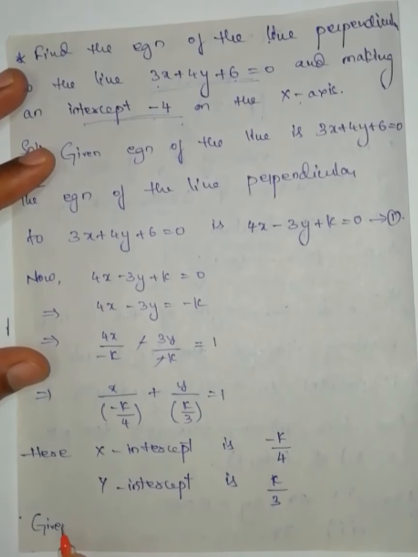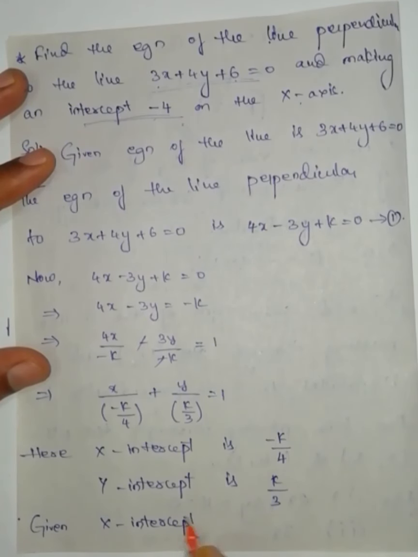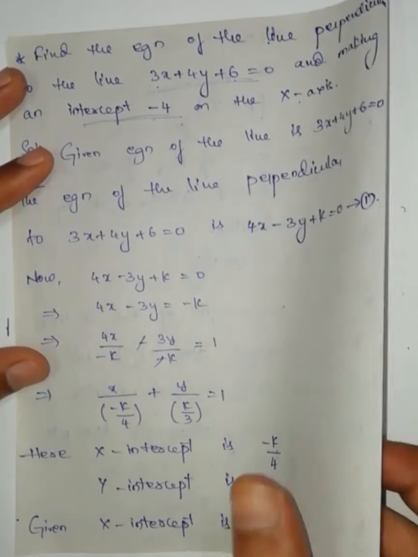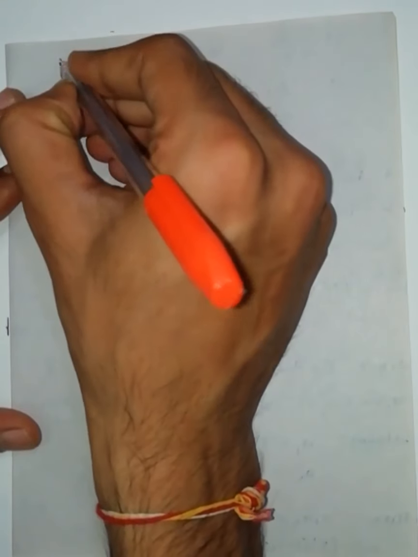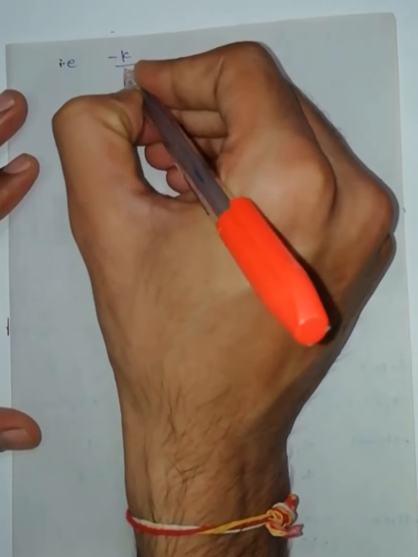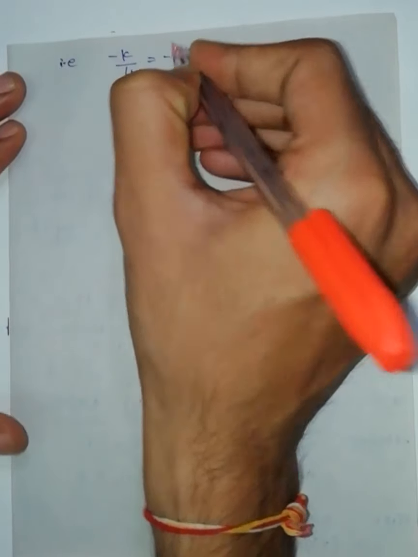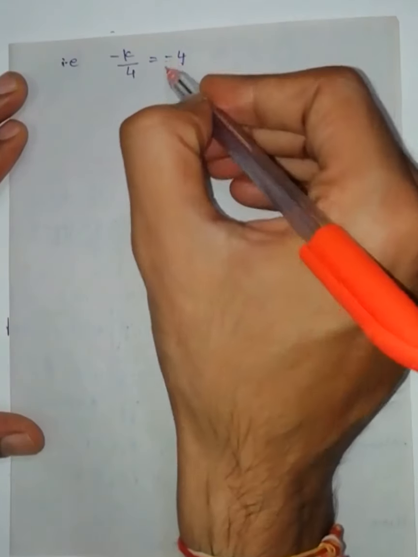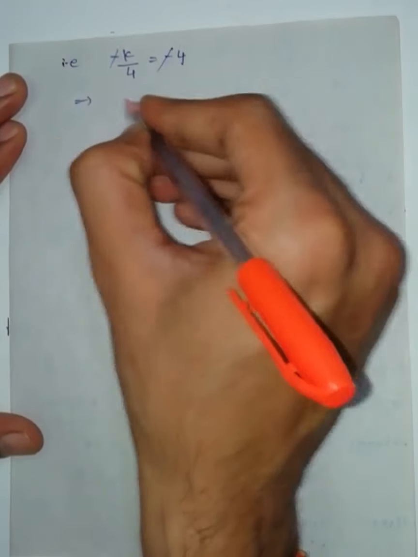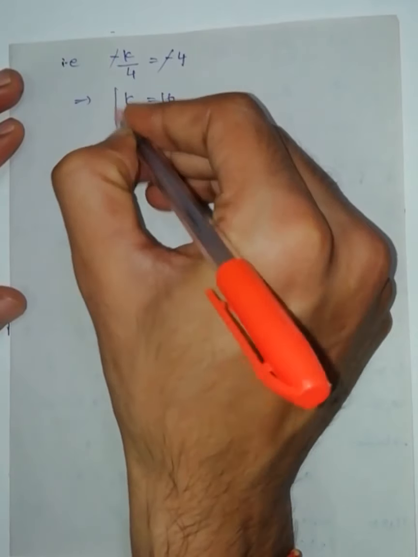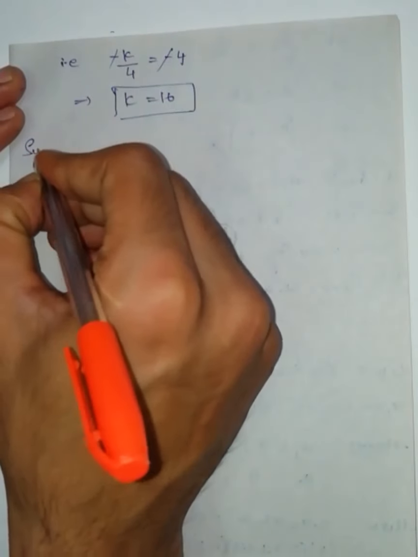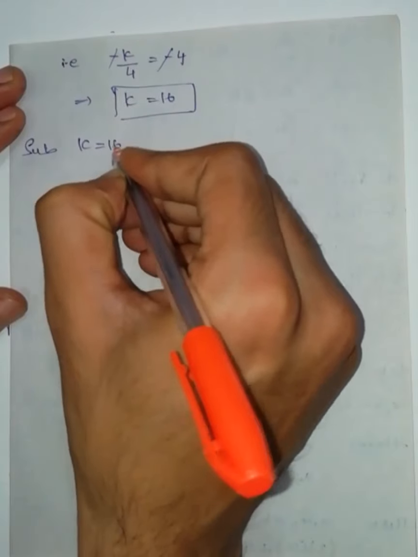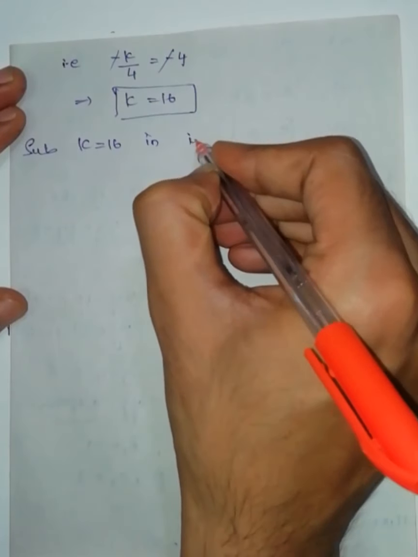But given x-intercept is minus 4. Given x-intercept is minus 4, then this one and this one should be equal. That is, minus k by 4 is equal to minus 4. Minus minus get cancelled. K is equal to 16. Substitute k is equal to 16 in equation number 1.